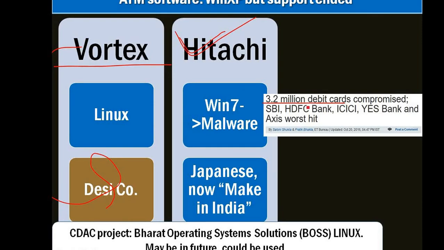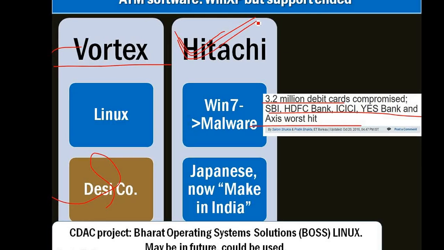ICICI claims to have first recalibrated its ATMs, in approximately 30 minutes per ATM. Now we have various ATM software. In the old ATMs we have Windows XP.